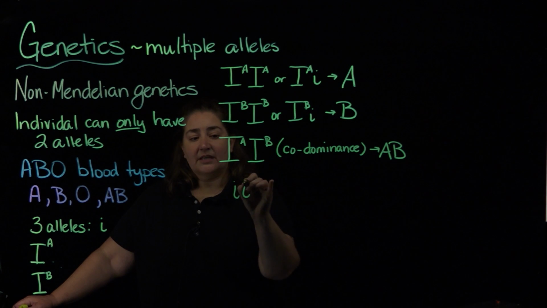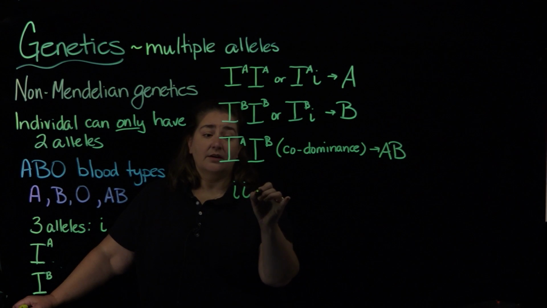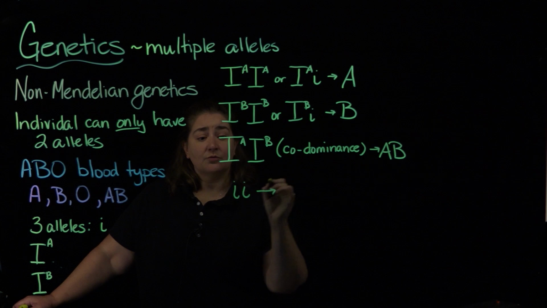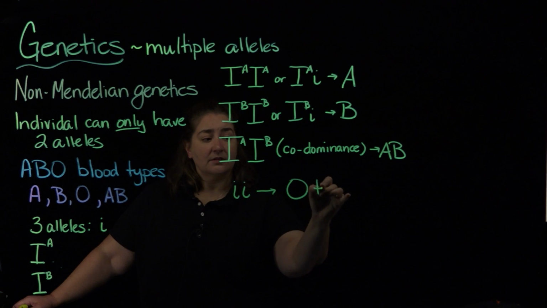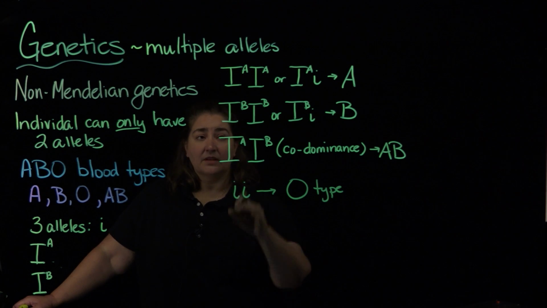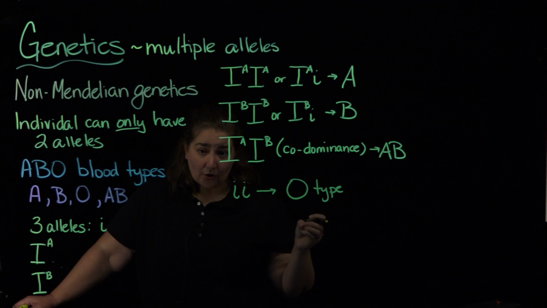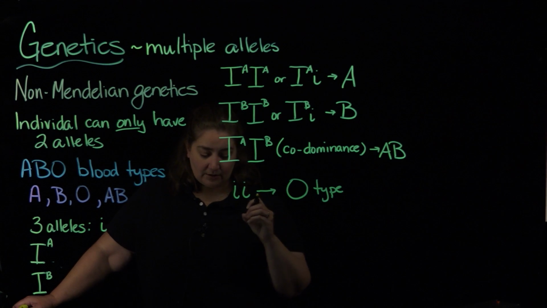Our last combination now are going to be individuals who inherit two recessive alleles, okay? Those individuals who inherit two recessive alleles are going to have type O blood, okay? So genetically, that's how we define the ABO blood type inheritance.